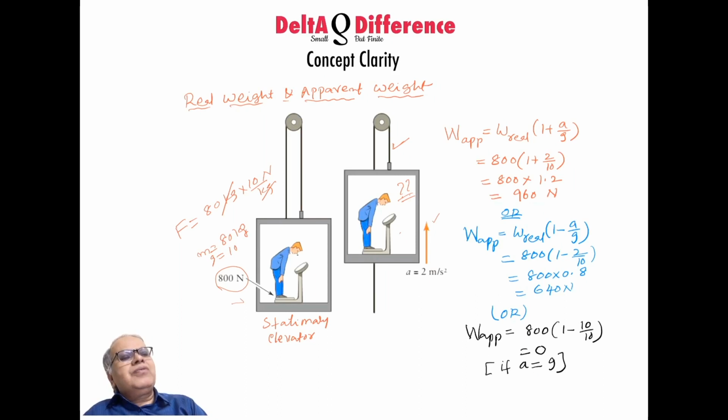Now, of course, we are not interested in what's happening to the lift plus person as a whole. We are just looking at the person here whose weight is now appearing to be different. And he reads, it seems, greater weight if the lift is accelerating up.